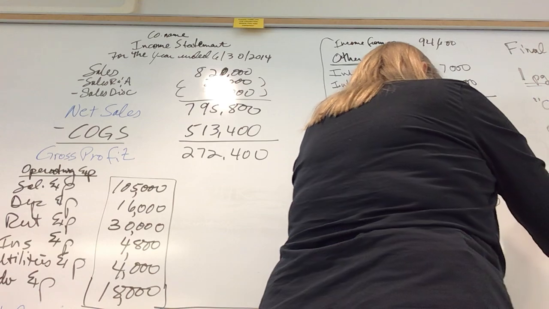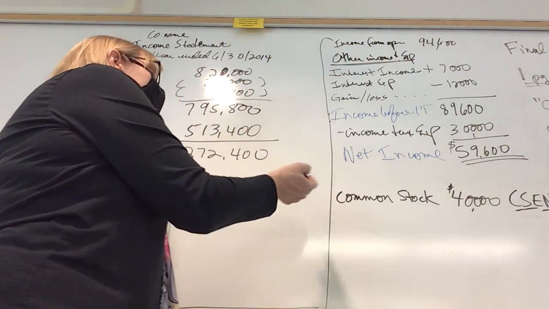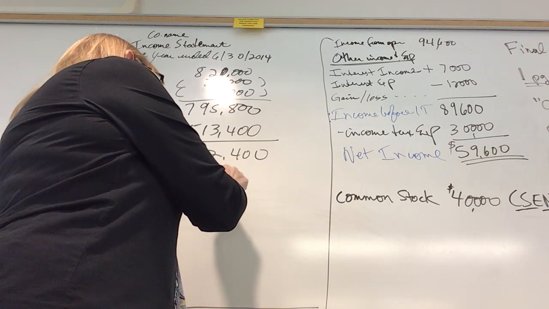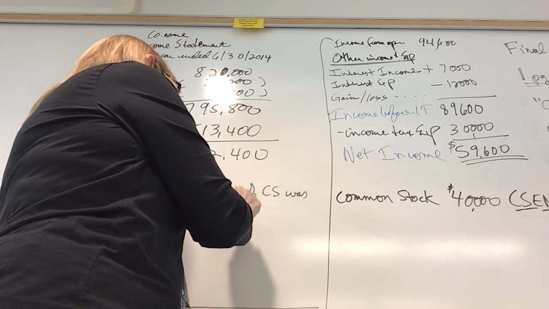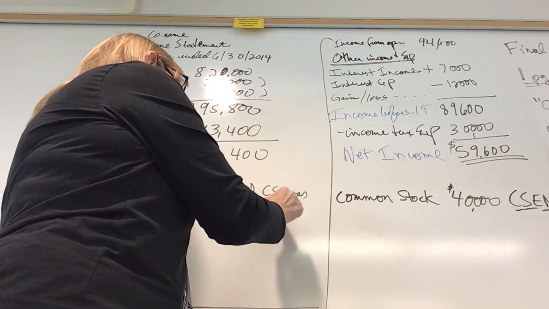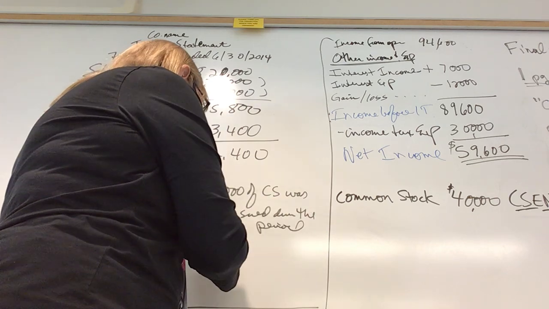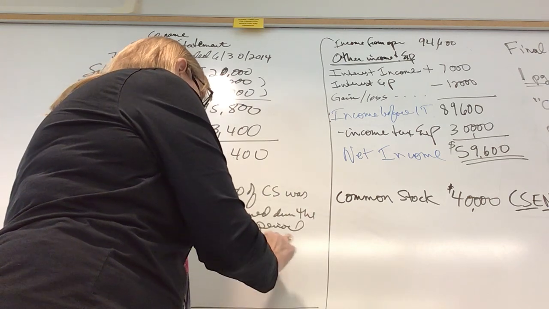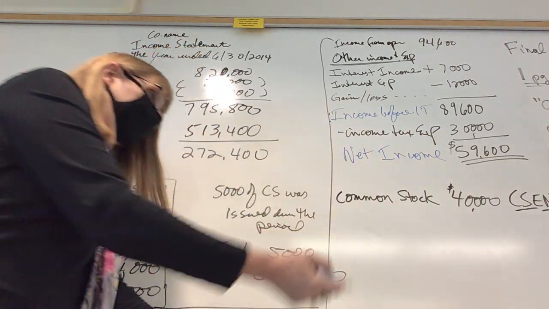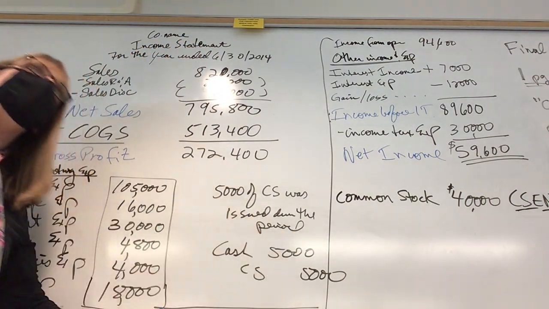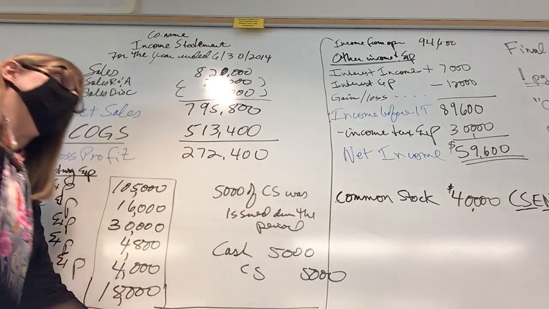CSEN. CSEN, that's how I like to remember it. Because, let's say that the problem says $5,000 of common stock was issued during the period. Well, if 5,000 of common stock was issued during the period, this entry was already done. It's already posted in the ledger. It's already been in the trial balance. So these numbers come from the adjusted trial balance.